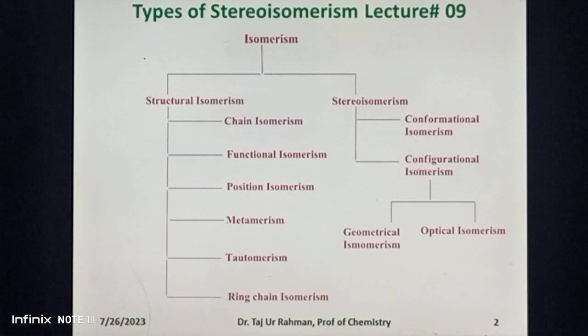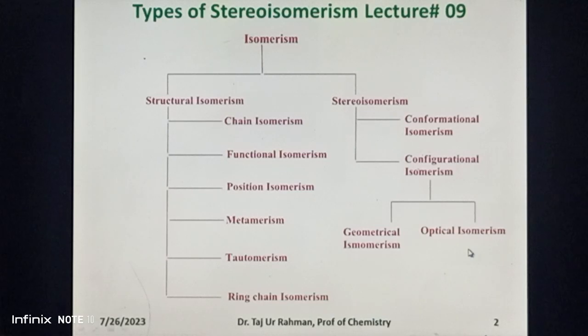And if the connectivity of atoms in the two isomers is the same but the three-dimensional arrangement is different, then they are called stereoisomers, and this phenomenon is called stereoisomerism. Stereoisomerism is further classified into two types, that is conformational isomerism and configurational isomerism. Configurational isomerism is further subdivided into geometrical isomerism and optical isomerism. We will discuss them one by one in detail.